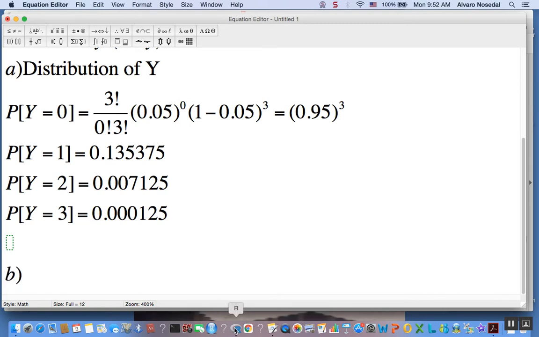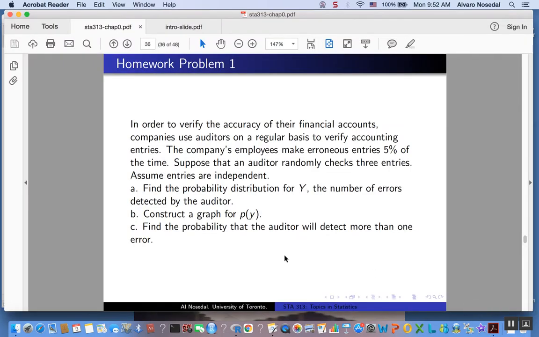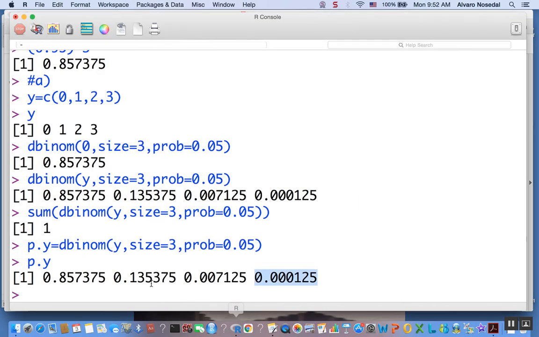Now part B. Let's make a graph. To make a graph, we're going to use this R command, plot. The syntax is first, you place the numbers that you want to go on the horizontal axis, in this case the values of the random variable y, 0, 1, 2, and 3, and then on the vertical I want the corresponding probabilities.